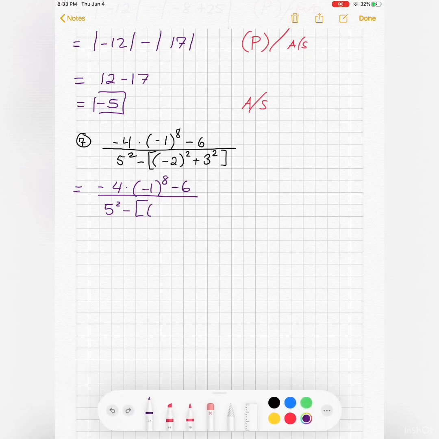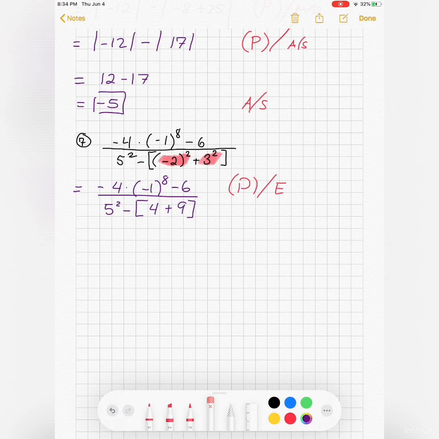Inside of those parentheses, the bracket there, I'm going to apply the exponents. So -2 times -2, 4. 3 times 3, 9. So what did I do? Looked inside the parentheses, applied exponents.